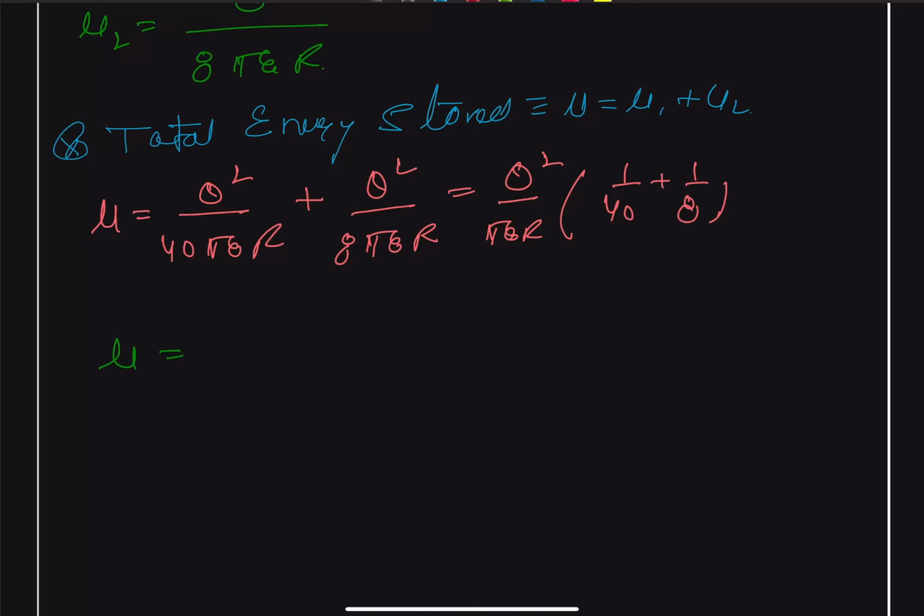So we get 36 upon 240 times q square upon pi epsilon R, giving us U is equal to 3 by 20 q square upon pi epsilon R.